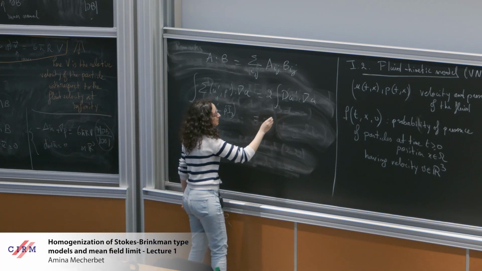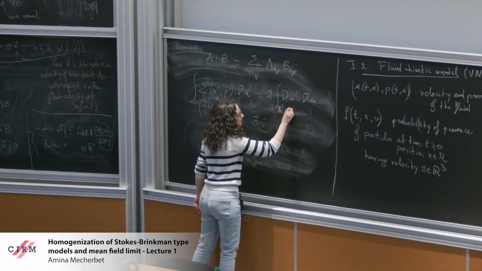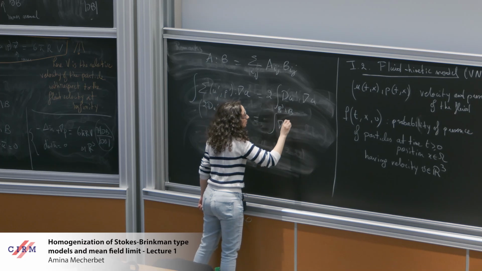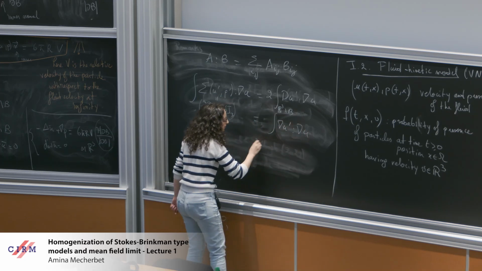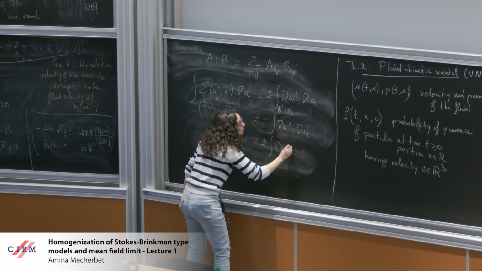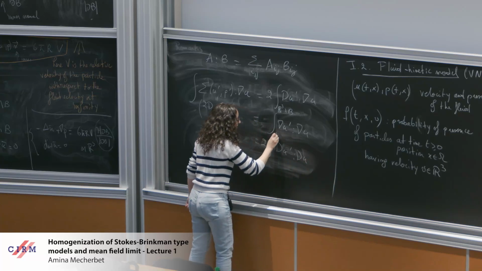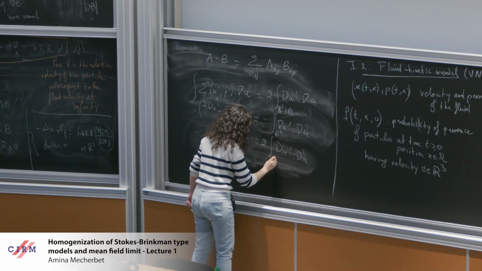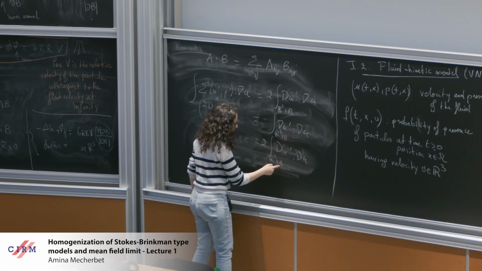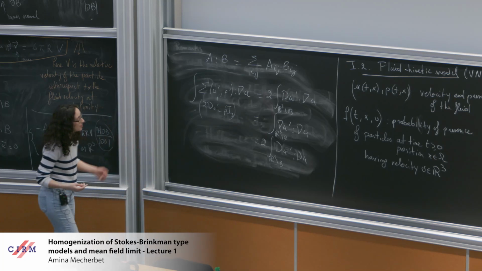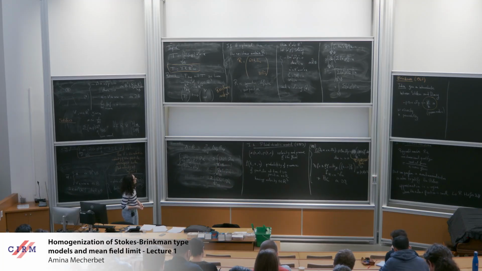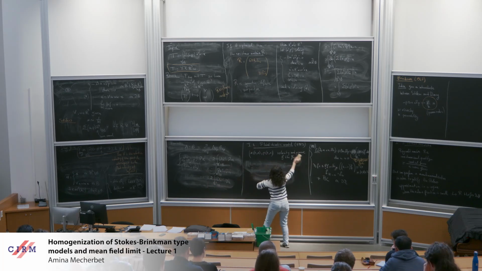And for symmetry reasons, this is the same as this or this. I mean, you can always put the symmetric part on both sides. We can also extend the velocities inside the particles and write the integral over the whole space, but nevertheless. So what do we get at the end?